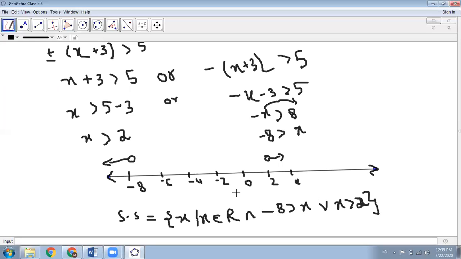So we do not combine these two solutions because they are in the opposite direction. We can write the solution in this way. We use the word or in mathematical language to represent these two solutions.